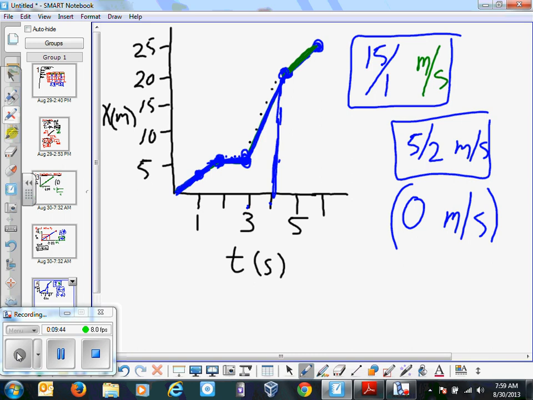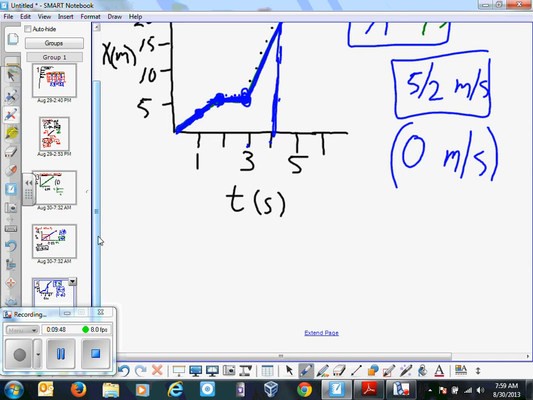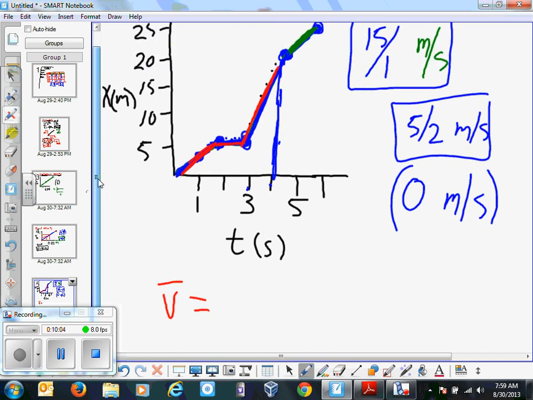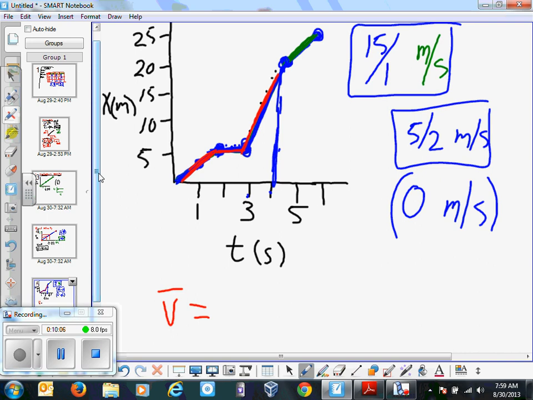Okay, but what would we say then if we had an average velocity for this whole entire graph? Well, average velocity could be determined in a couple different ways. Average velocity could be taking all of these individual velocities and weighting their time accordingly and coming up with kind of a weighted average like you did in chemistry. But what's actually a little bit easier here for us is we can just take our final position and our initial position, and between those we will draw a line.